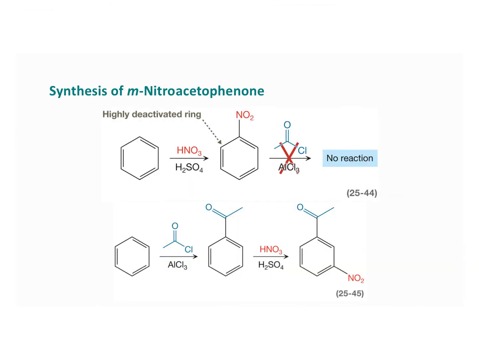However, we need to avoid the Friedel-Crafts reaction on the nitrobenzene, because the benzene ring would be highly deactivated by the nitro group, and Friedel-Crafts reactions don't work. So instead, we should do the Friedel-Crafts acylation first, and then the nitration for this reaction to go smoothly.